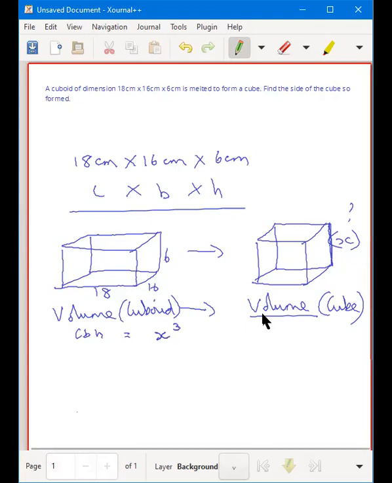So we're taking the side as x. So let the side of the cube be x. Right? So that means that the volume of the cuboid, which is LBH, is equal to x cubed. So what are the dimensions of the cuboid? 18 into 16 into 6?